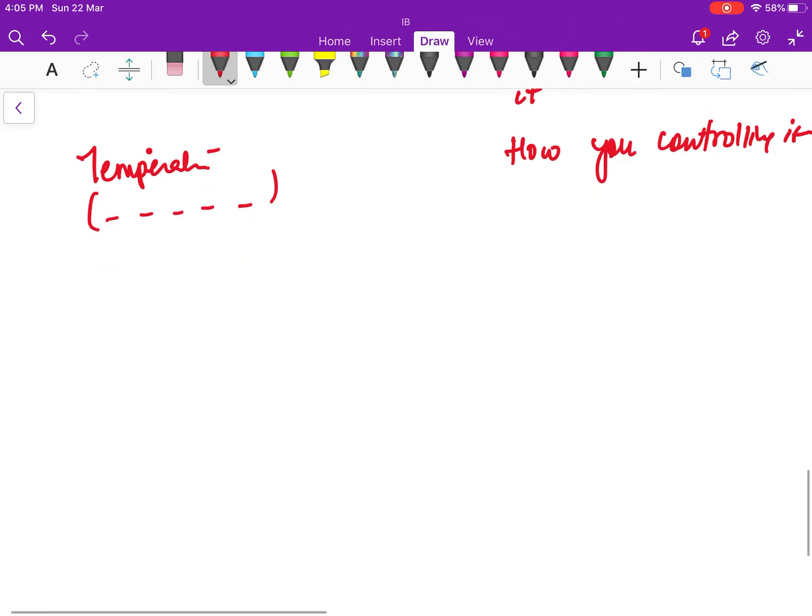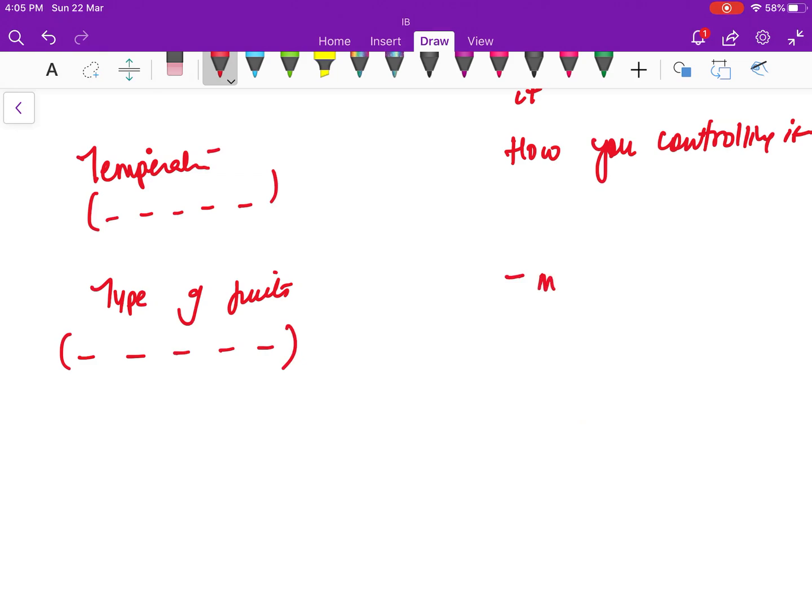Or if you have done your investigation on types of fruits, and you have a range of 5 types of fruits, you have to tell how you are controlling it by taking the same mass or same volume or the brand. Every detail should be here.